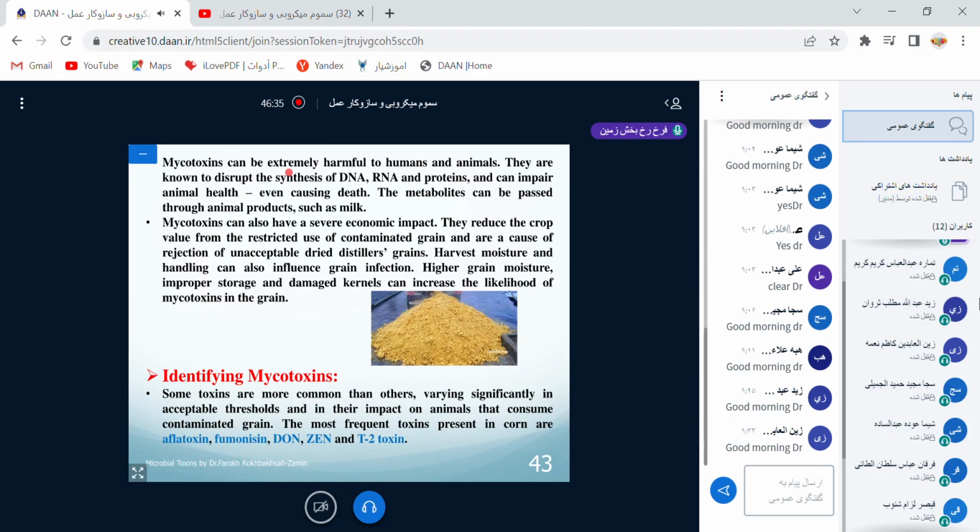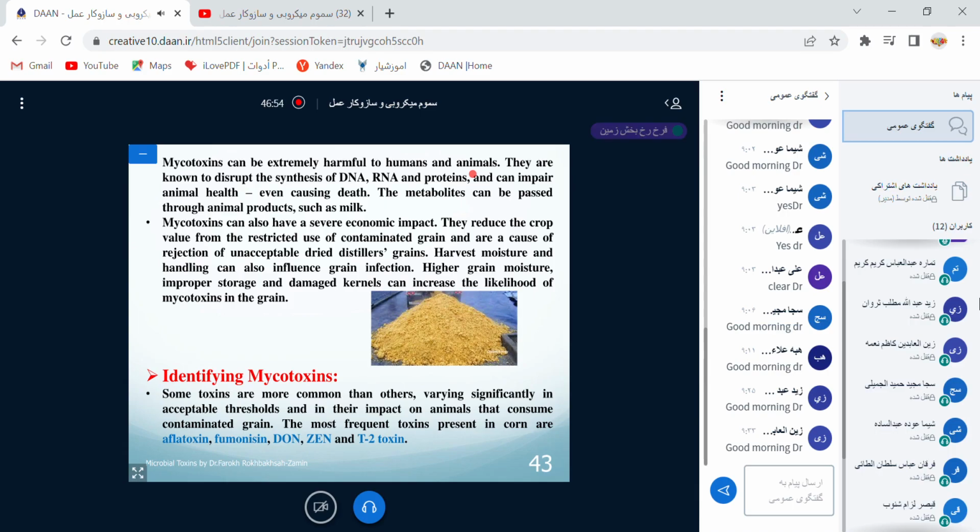Mycotoxins can be extremely harmful to humans and animals. So mycotoxins not only have a bad effect on humans, but also have a bad effect on animals.